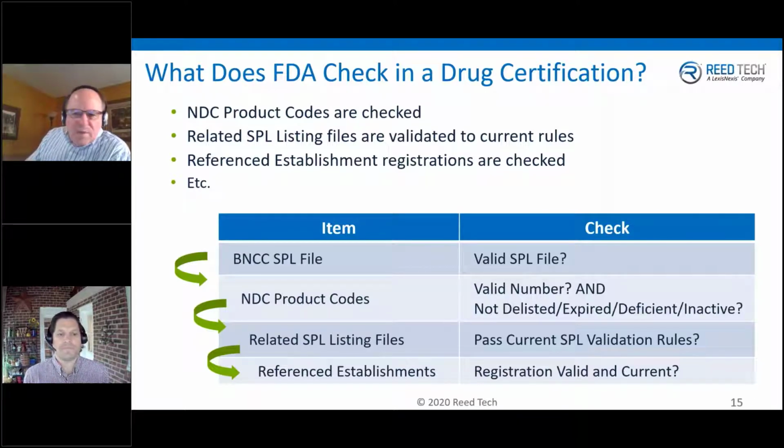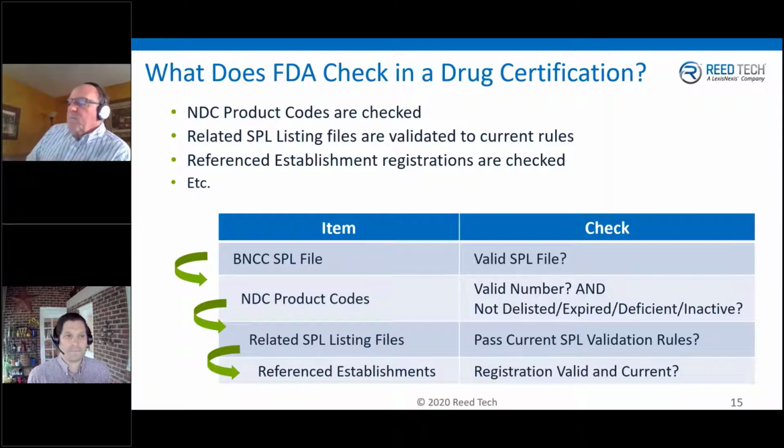Are they in fact valid numbers? And there's cross-checking going on just to make sure that these products are not delisted, that the products are not expired, that they don't have any data deficiencies, and they're not inactive. So there's a lot of cross-checking going on to make sure that these NDC product codes are valid.